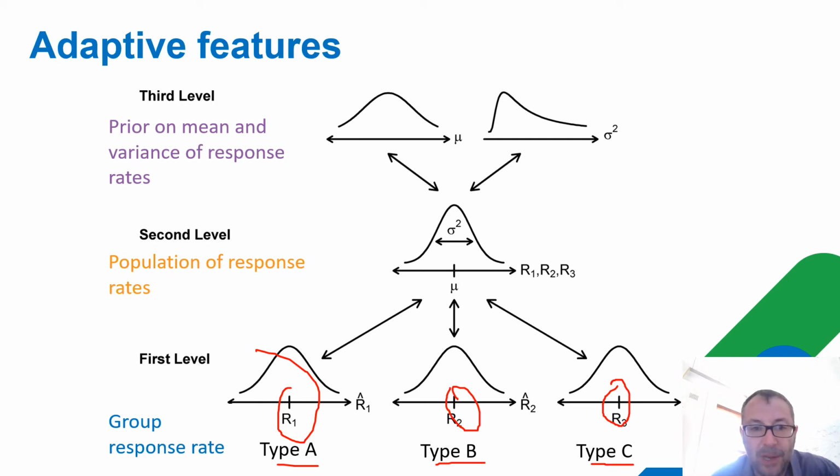But they're all in some way related to each other, and that relationship is defined by what we call this multi-level or hierarchical model, where the average treatment responses in the different groups are themselves defined by this parameter here. What we're trying to learn is all four of these things: the overall relationship of the average treatment responses across the groups, and then from that the average treatment response and the confidence around it in each of the different types of participants.